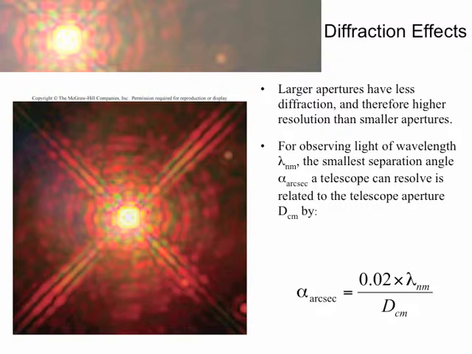Notice in this equation, alpha represents the smallest angle of separation that we can resolve, lambda represents the wavelength of light we are observing, and d represents the diameter of the aperture.